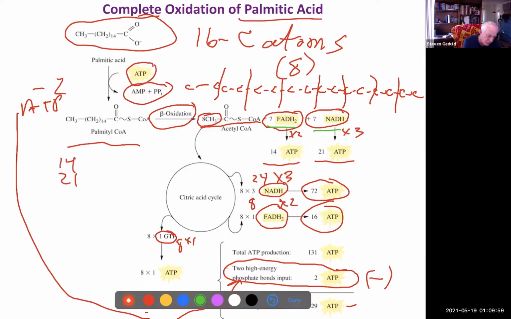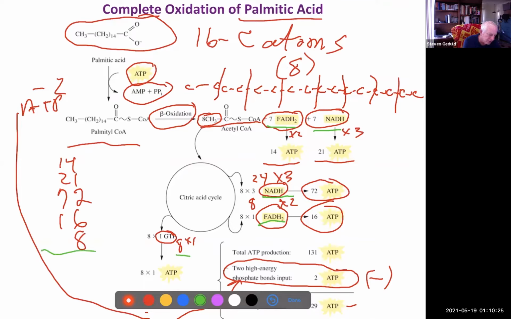We've got 24 times 3, which is 72, from this NADH form. And then from this FADH2, we have 8 times 2, which is 16. And then we have 8 from the GTP over here.